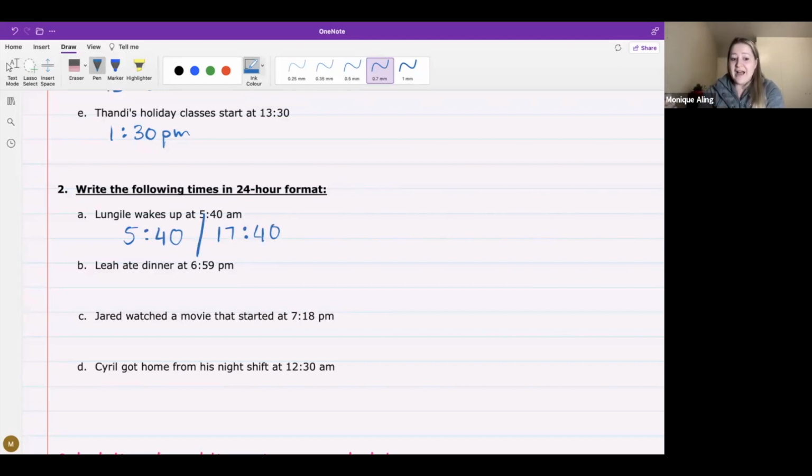Okay, so with 12-hour, it's either 5:40 a.m. or it's 5:40 p.m. But with 24-hour, there are different numbers in the beginning, so we don't need to indicate AM or PM. Okay, as soon as the numbers go after 12, so 1300 hours, 1400 hours, we know that that is PM, that is the afternoon going into the evening.